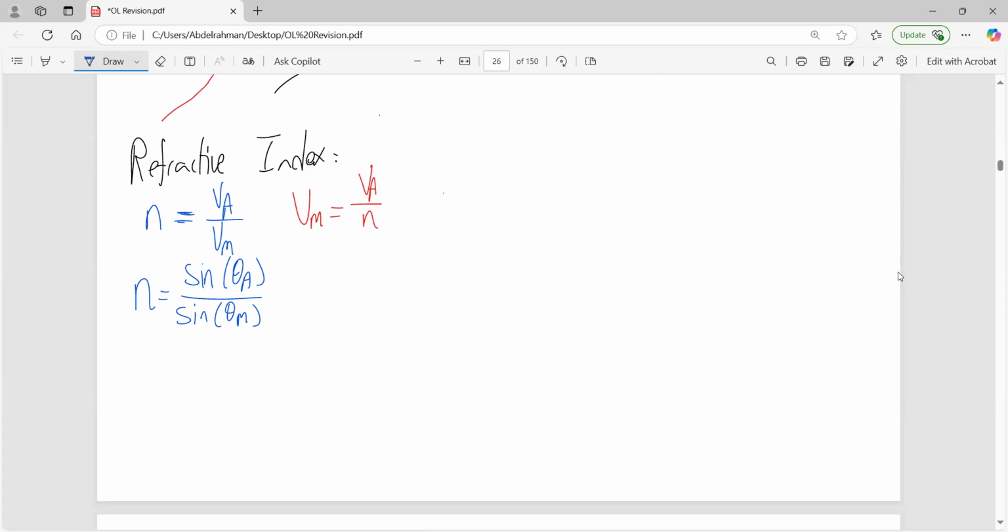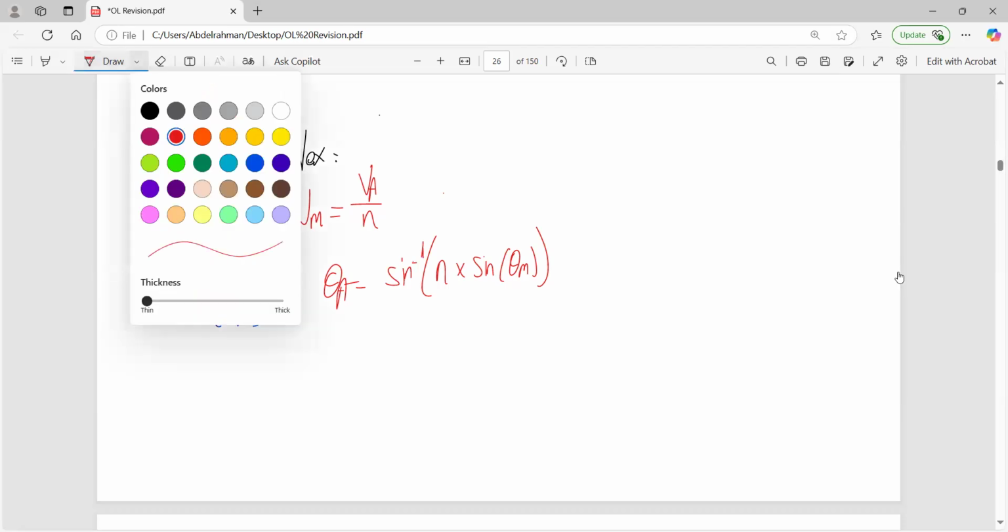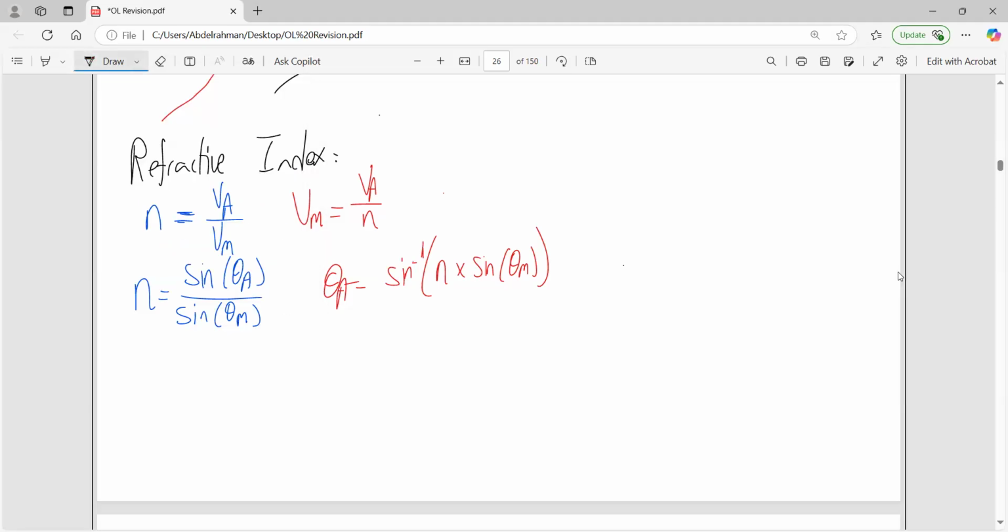Can he ask me to find theta A, the angle of light in air? Yes, I can rearrange the equation. Theta A would be equal to sine inverse of n times sine theta M. Can I find theta M, the angle of light in the medium?